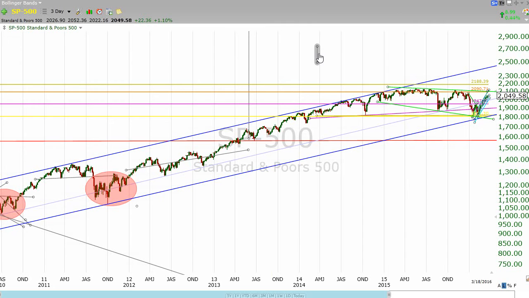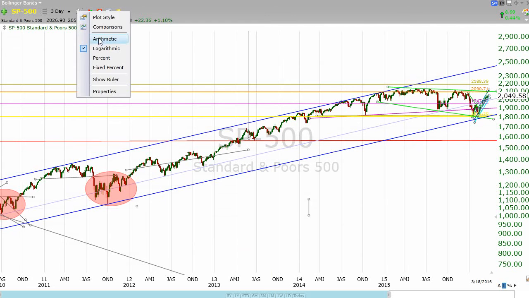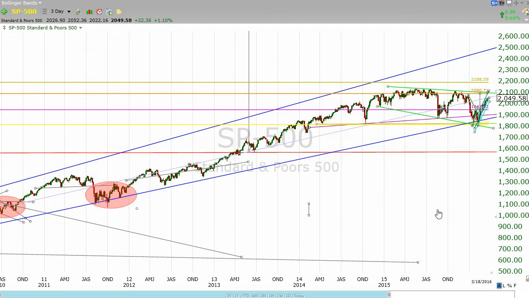What about an arithmetic chart? Well, if I switch this over to arithmetic right here, now you can see my lines don't work anymore. If I put this line down here, that now represents about a 12% move. But if I put it up here, it represents about a 5% move.